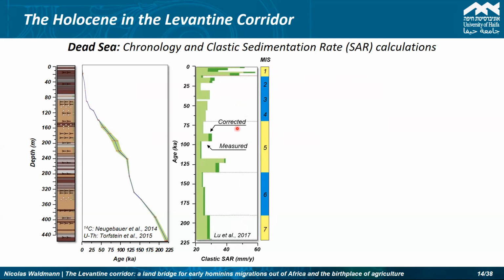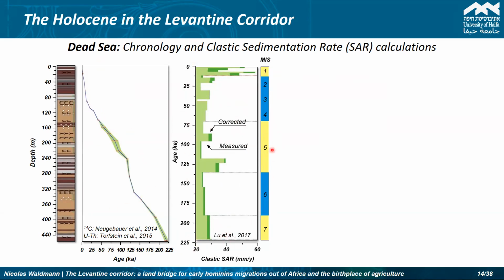Sorry, for the warm marine isotope stages. So in any case, what we see here is the clastic sedimentation rate, but only for the last 225,000 years. So basically we converted core depths into age.